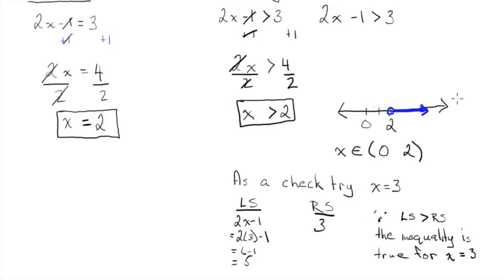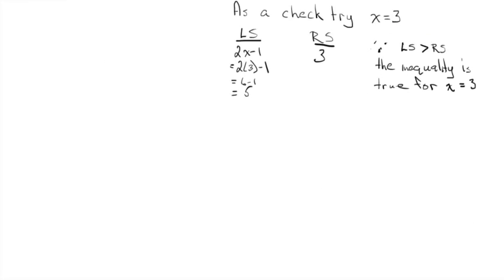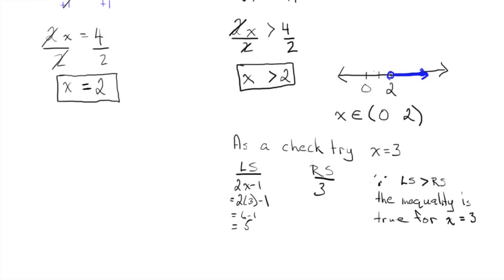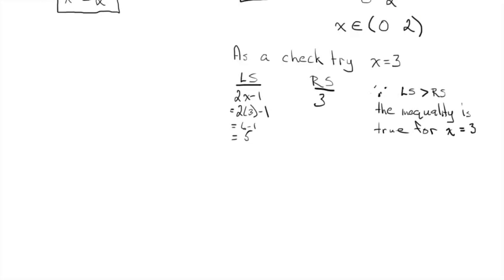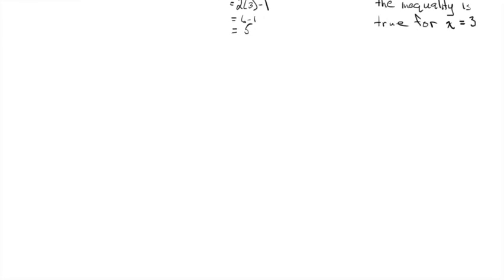A lot of times you maybe won't even check any, but just for reassurance, it can be a good idea to check a point. It should work with any number bigger than 2. If I took x equals 4, I should get left side bigger than right side. Anything bigger than 2.